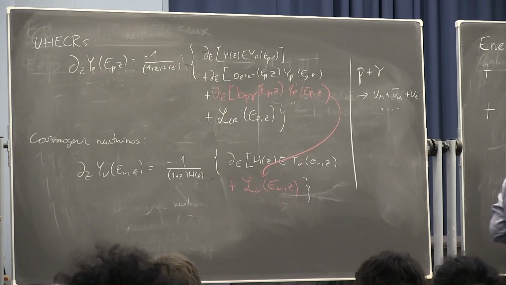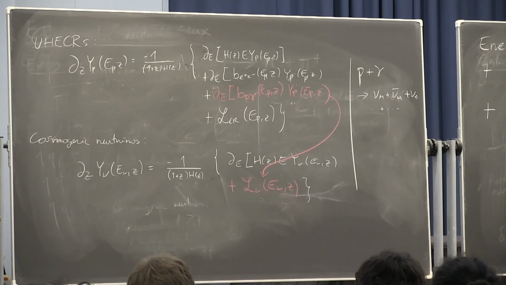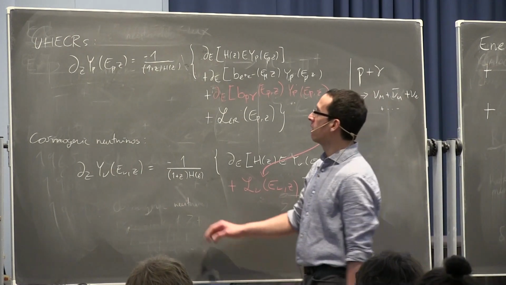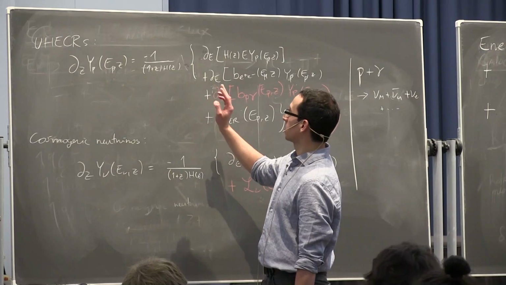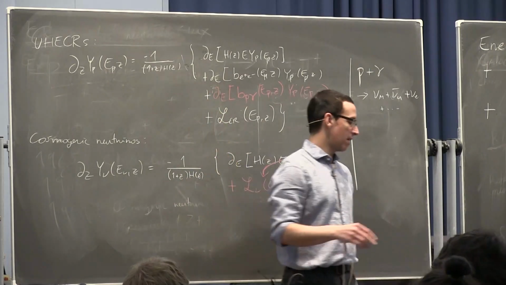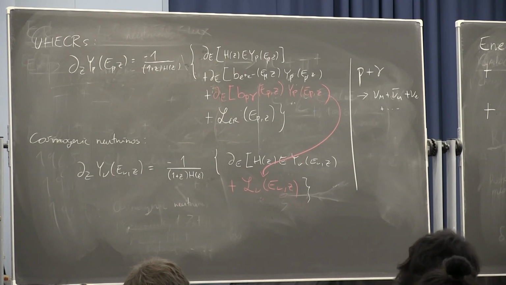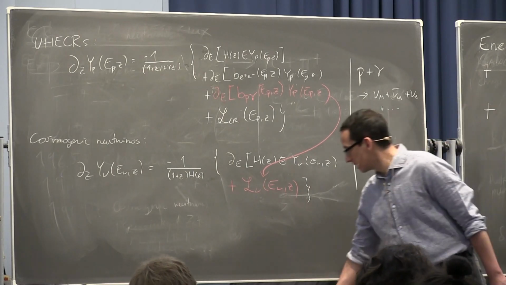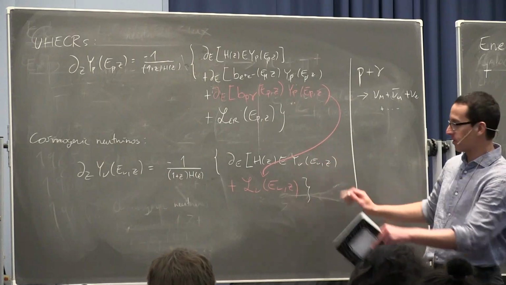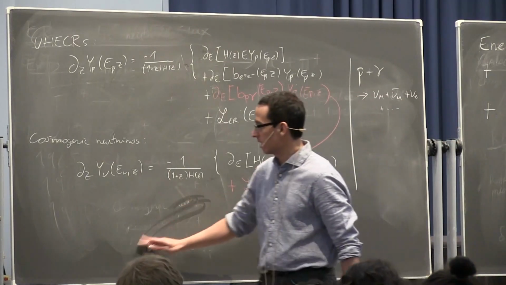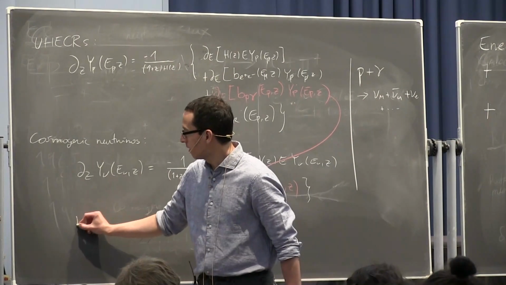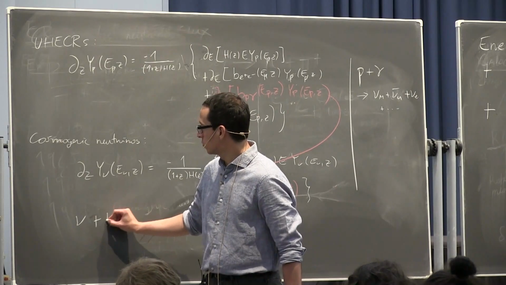So there's an idea, it's called the Z-burst idea, and that happens when we now think not only about the cosmological photon backgrounds, but about the relic neutrino background. In that case, and this is not part of the equation, I'm just saying it as a side note, you would have neutrino interactions.